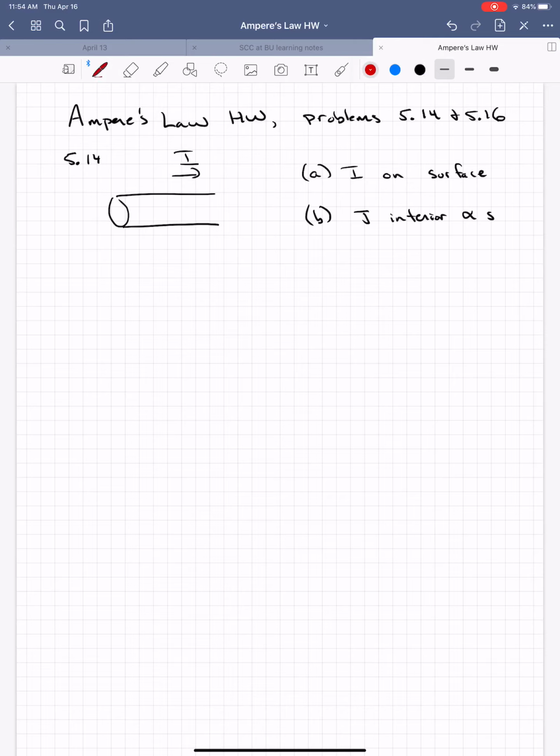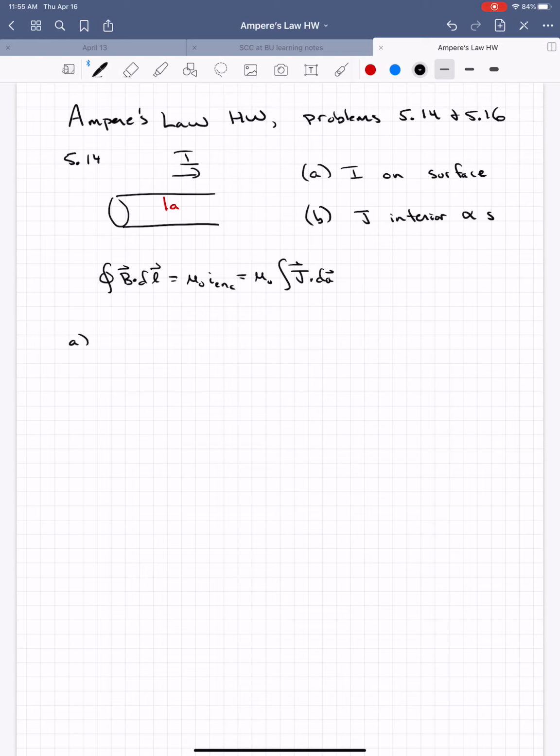And in this particular wire we're told it has a radius of A, and we're going to use Ampere's law. So Ampere's law is the integral of B dot dl is mu naught I enclosed, and sometimes we'll compute I enclosed as the integral of j dot dA.